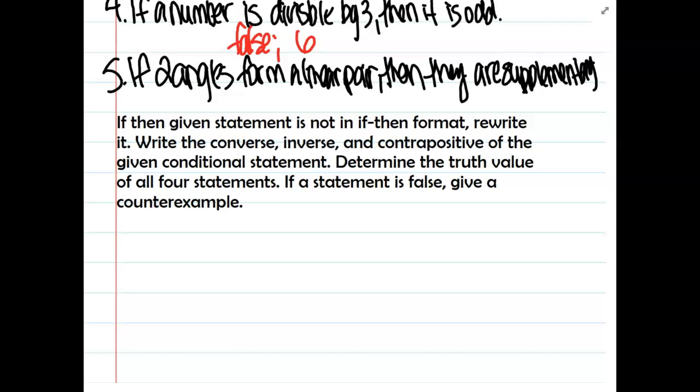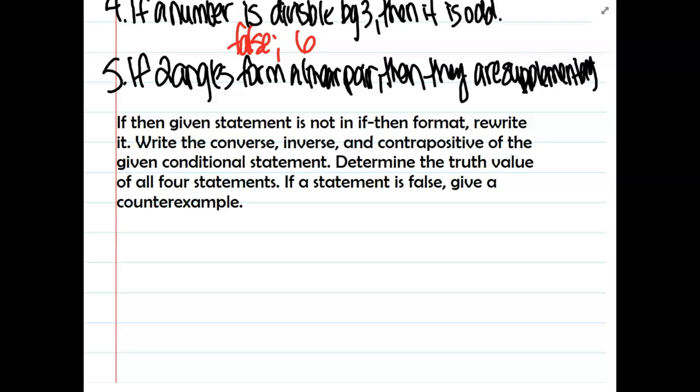And I think it helps to just think of the hypothesis first, okay? The hypothesis is 2 angles form a linear pair. Now, we kind of struggled with this idea of linear pairs on our test, okay? A linear pair, I think it's a line broken up into 2 angles. That's all it is. It's 2 angles that side by side form a line. Okay, so think about all the ways you could split up a line into a linear pair. Okay? Are all of these going to be supplementary? What does supplementary mean?